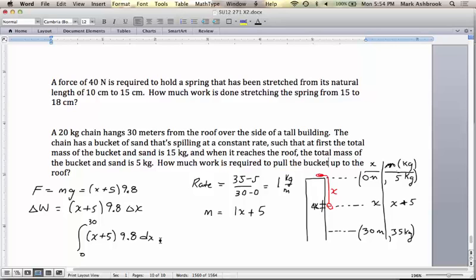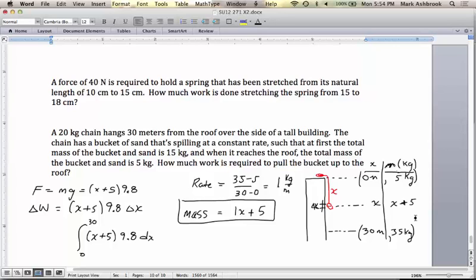Anybody get this before I did it? Do you agree with it? Does it make sense? So this is the key. You need this mass function, right? The mass is dependent on how far you are from the top of the building.